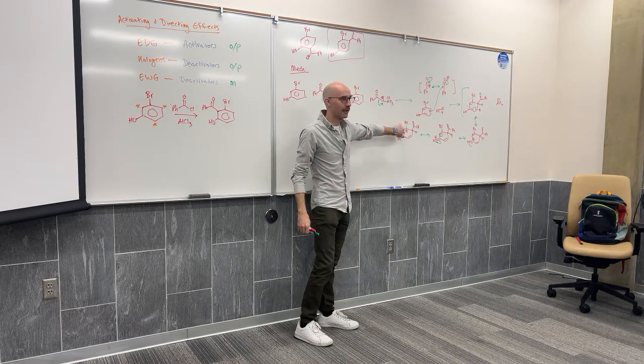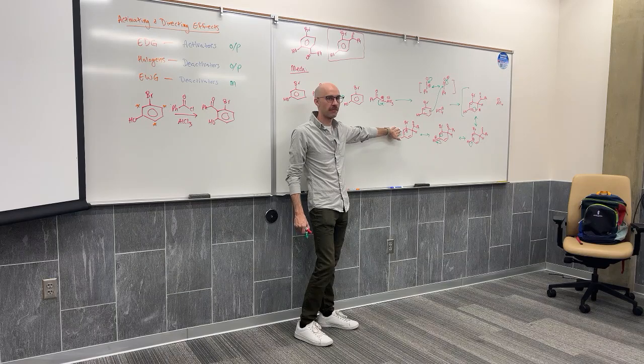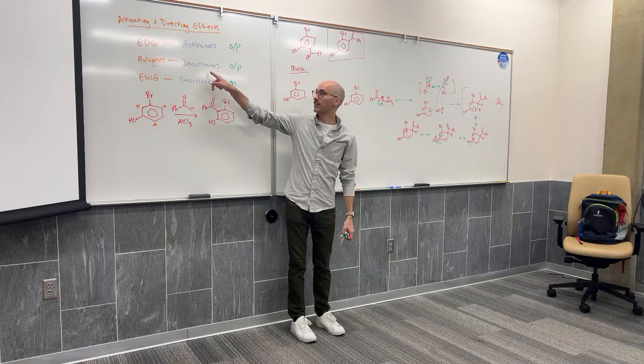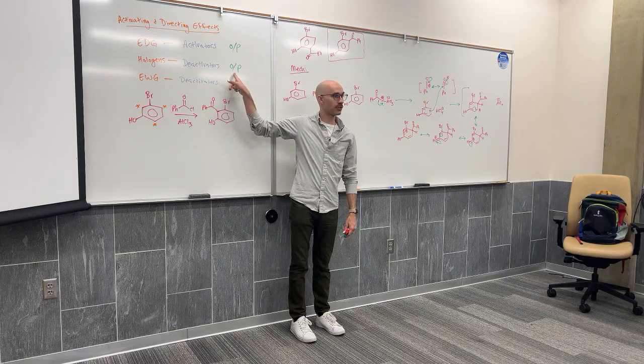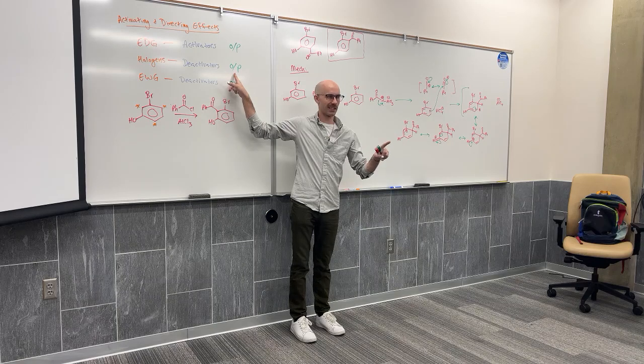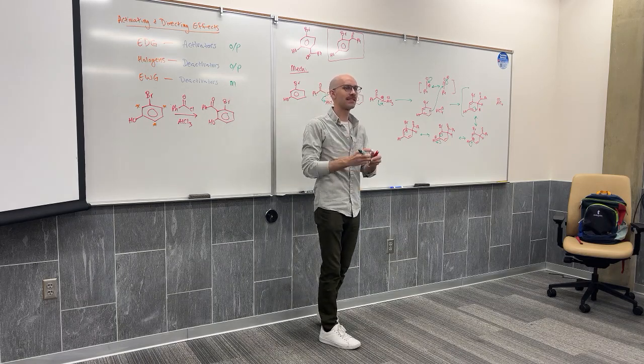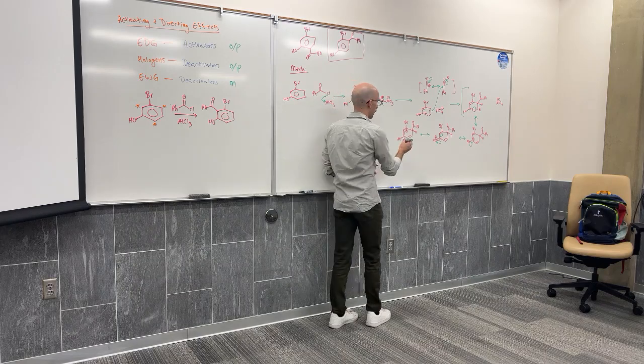What do you notice now about this resonance form? It's got a carbocation next to a group that can share its electrons. We're not calling the halogens electron donating groups because we want to keep them distinct from the groups that are truly electron donating.